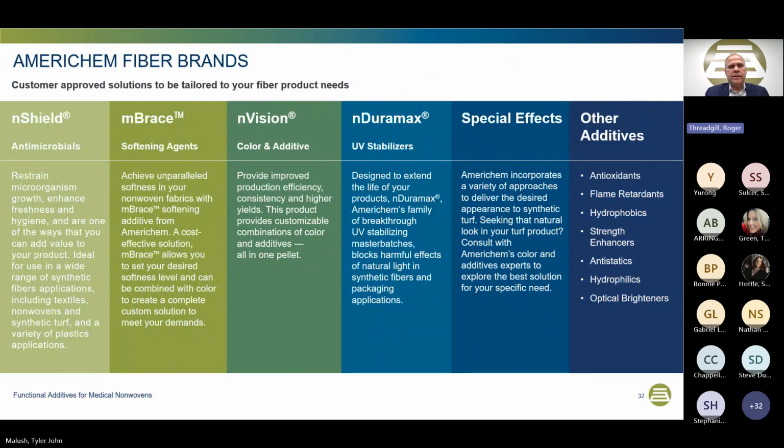Americhem's offerings in synthetic fibers encompass several branded product families. And while the diversity is evident in the wide array of end uses, a unifying need in this space is to deliver affordable innovation that drives customer preference.